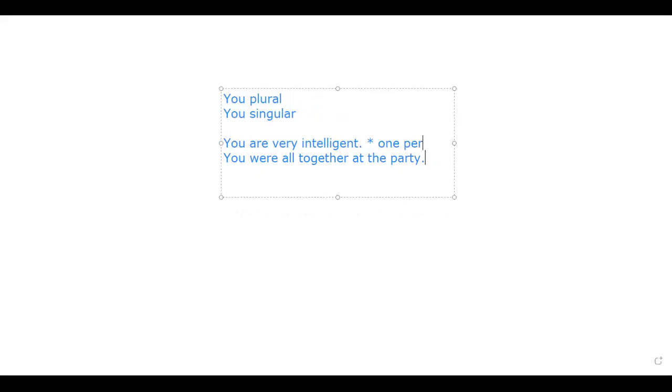One person only. It can be Ana is very intelligent, or I can say Jose is very intelligent, or Alejandro is very intelligent. I can substitute that you for one single person. But the second one, you were all together at the party, I'm referring to a group or to several people.